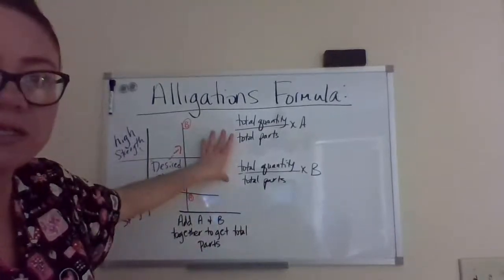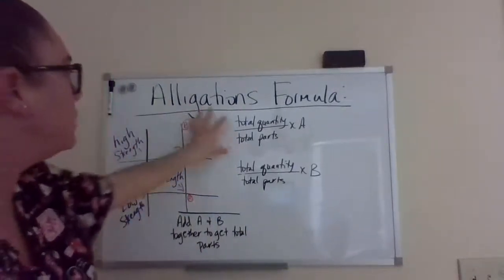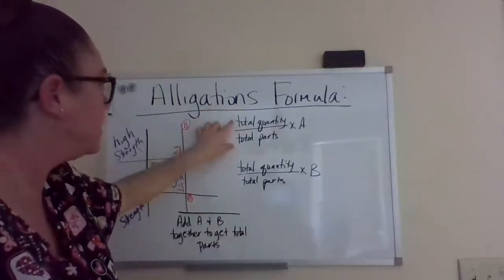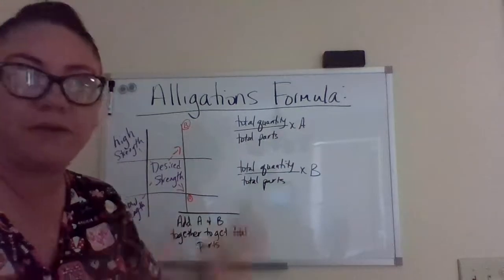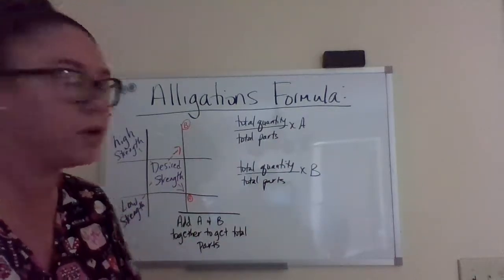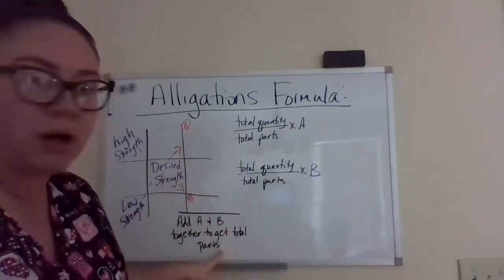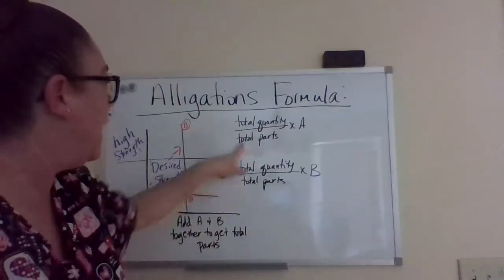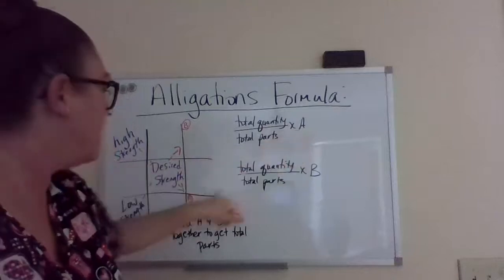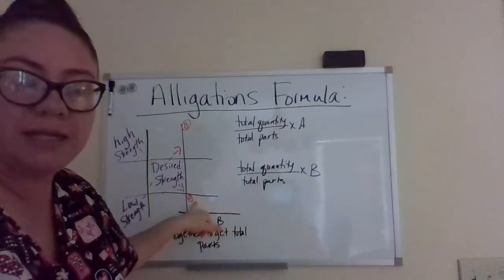Then you're going to do this next portion. For the first part, you're going to take your total quantity, which is the amount you're trying to make, so 500 mLs, whatever's been ordered, divided by your total parts, which is what you figured out adding A and B. And then you're going to multiply that by the number that is sitting in A spot.